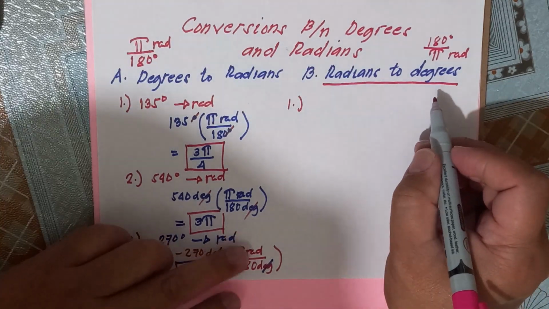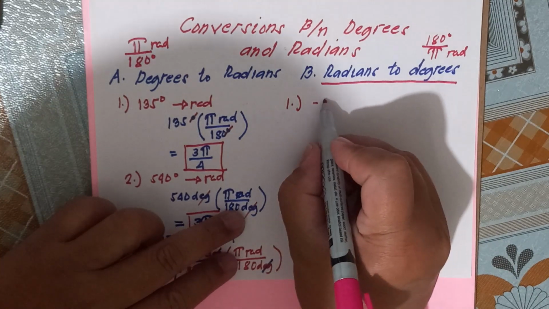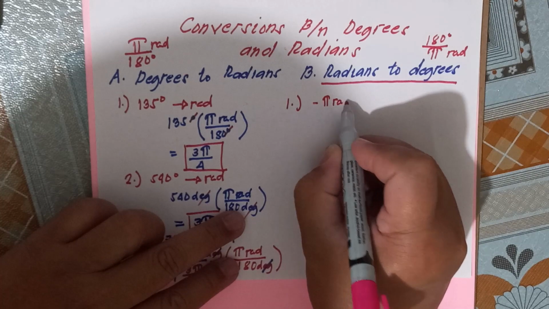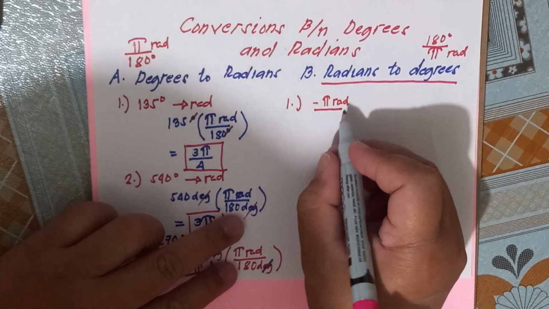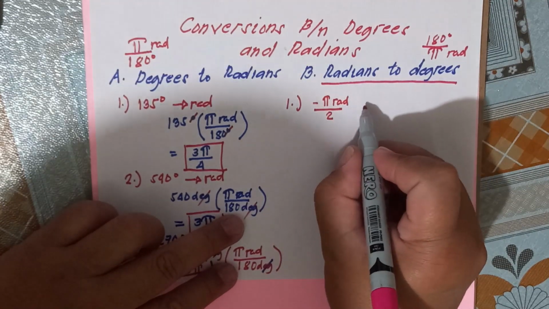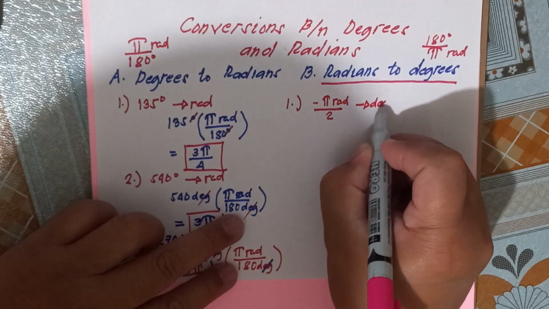Say we have negative pi rad over 2, for the sake of making cancellation, and this will be converted to degrees.